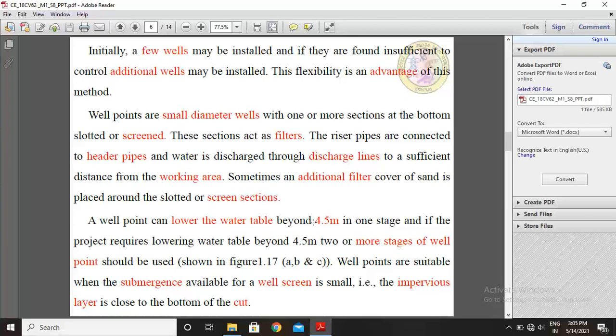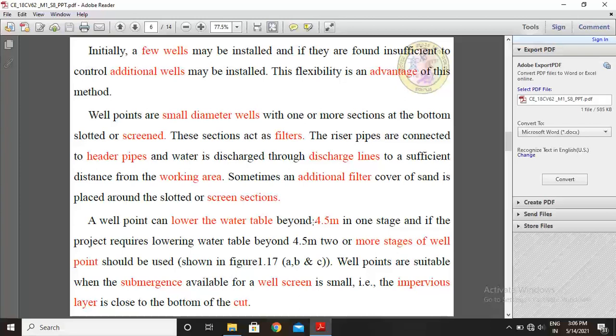A well point can lower the water table up to 4.5 meters in one stage, and if the project requires lowering water tables beyond 4.5 meters, two or more stages of well points should be used.